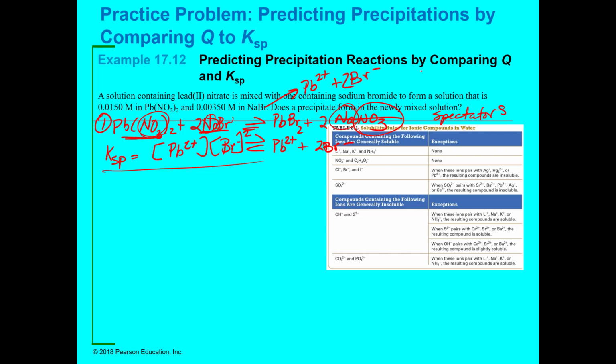All right, and then this NaNO3 is going to be found on both sides. So that's why it's a spectator. So you got KSP would be lead times the bromine squared. So then we're going to find Q. So Q is also the same exact calculation, right?